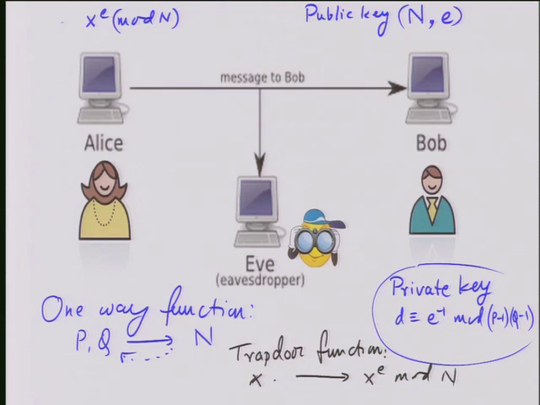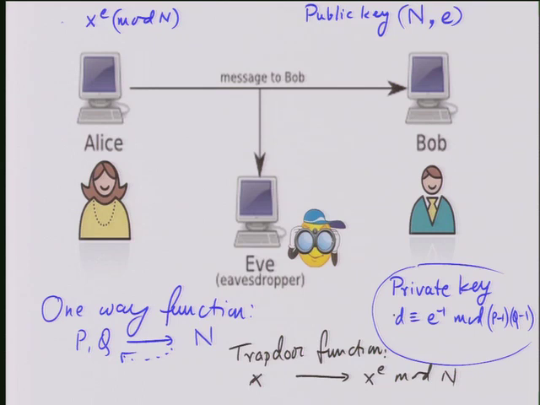This is a function that you can compute quickly, but it's hard to invert. Given X to the E, it's hard to compute which X it came from, unless you happen to know the trapdoor. What's the trapdoor? It's the factors of N, or it's this D.